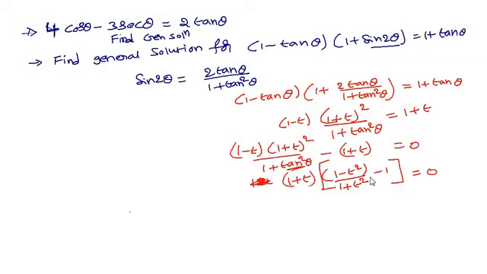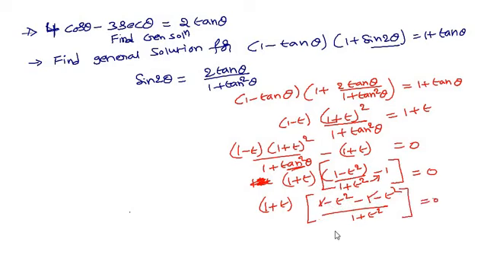So if you take LCM, what will you get? In the bracket, it is 1 plus tan theta into 1 minus tan square minus 1 minus tan square divided by 1 plus tan square equals to 0. Now 1 gets cancelled.